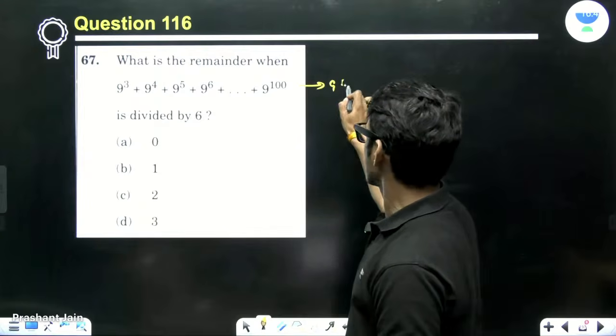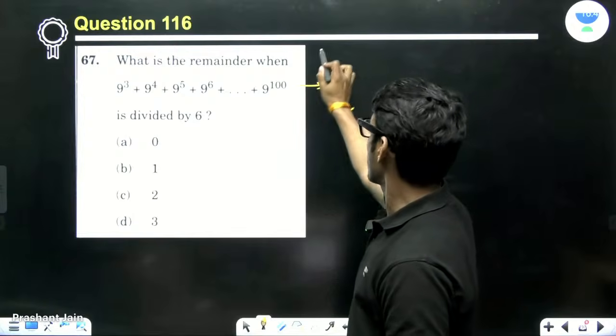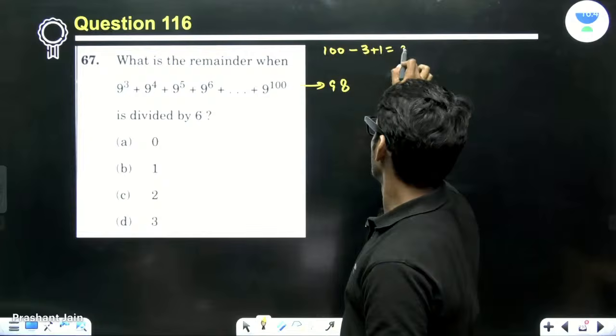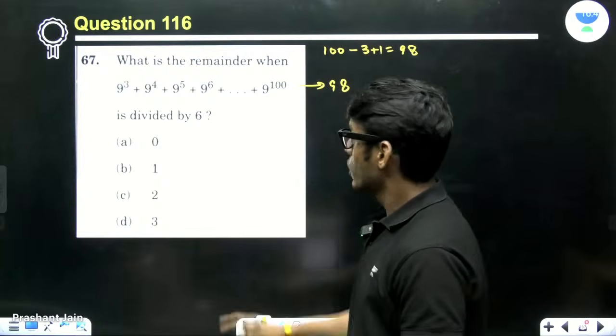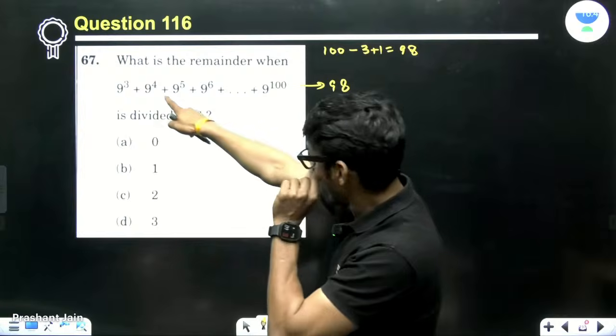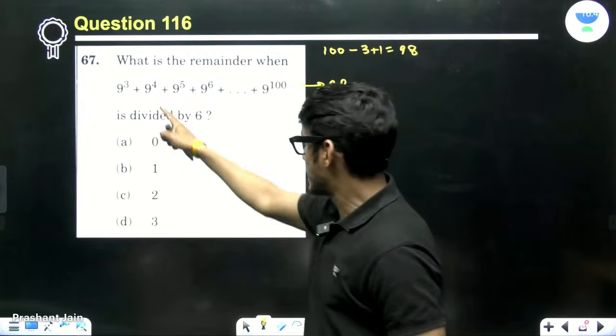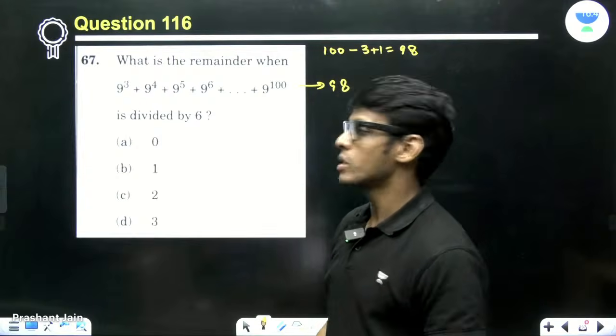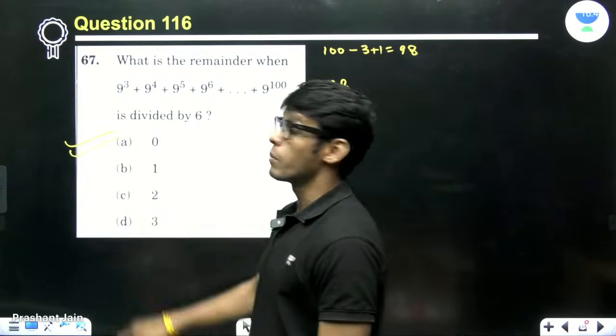These are 98 numbers. Now, what is the ninja technique of doing this? Just see the powers: highest power minus lowest power plus 1. So 98 odd numbers add to an even number, so this whole number is even. It is divisible by 3. An even number divisible by 3 is divisible by 6. Hence, the remainder is 0.